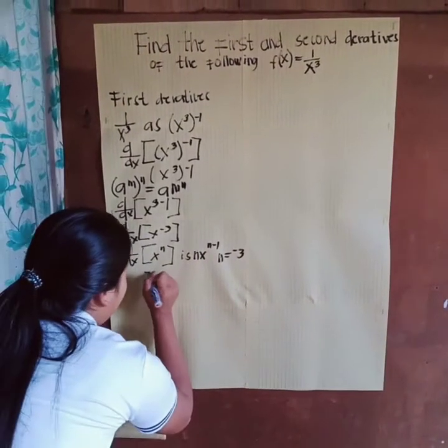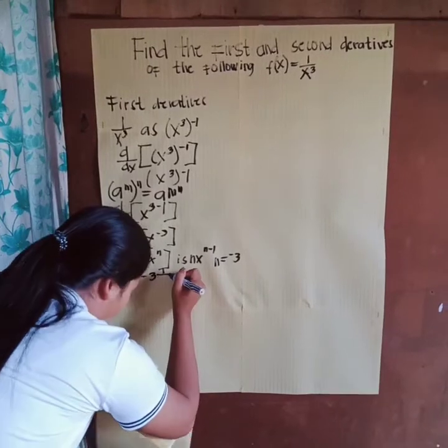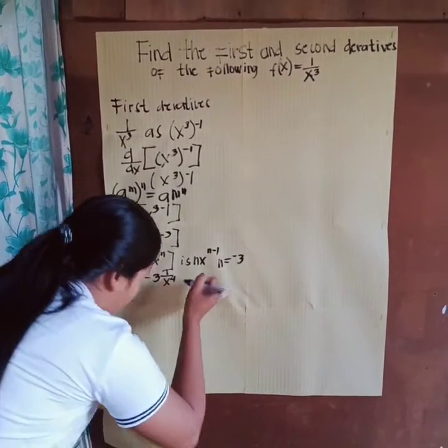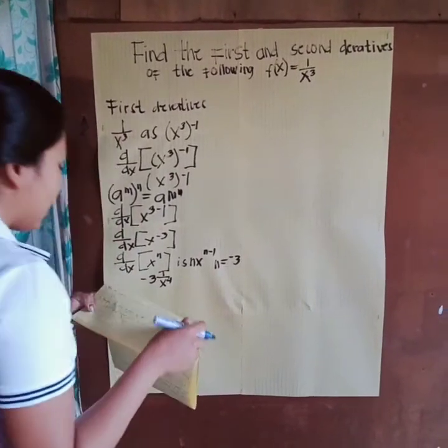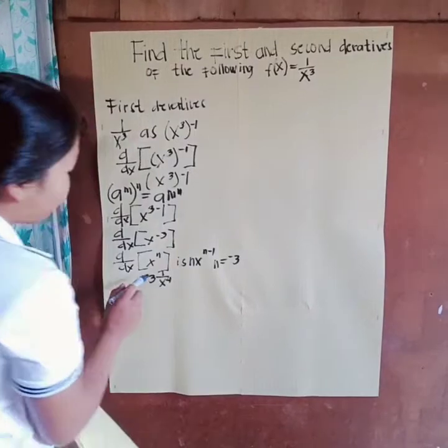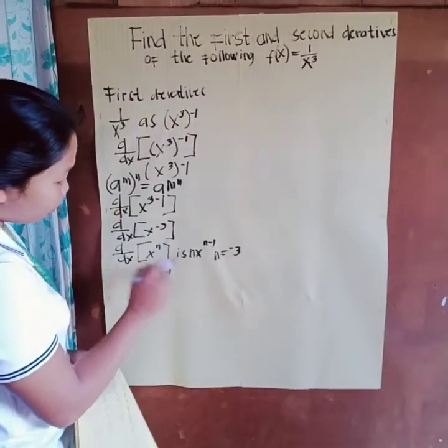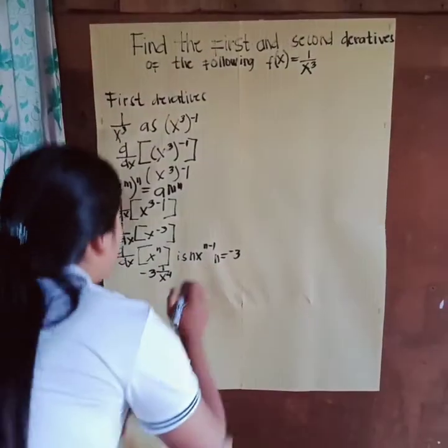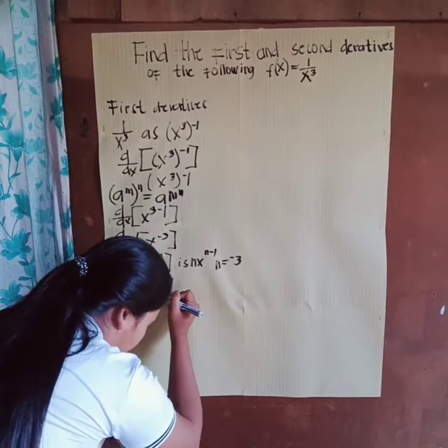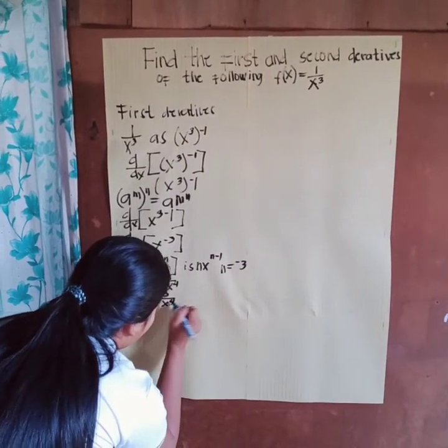So negative 3 times 1 over x to the 4. Then move the negative in front of the fraction. So instead of negative 3 times 1 over x to the 4, it should be written as negative of 3 over x to the 4.